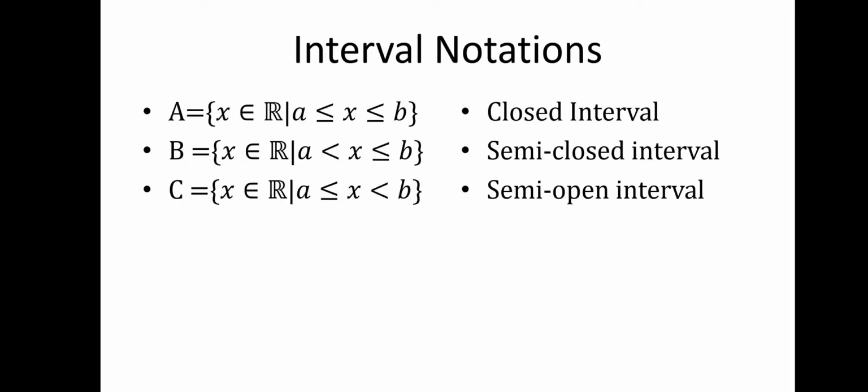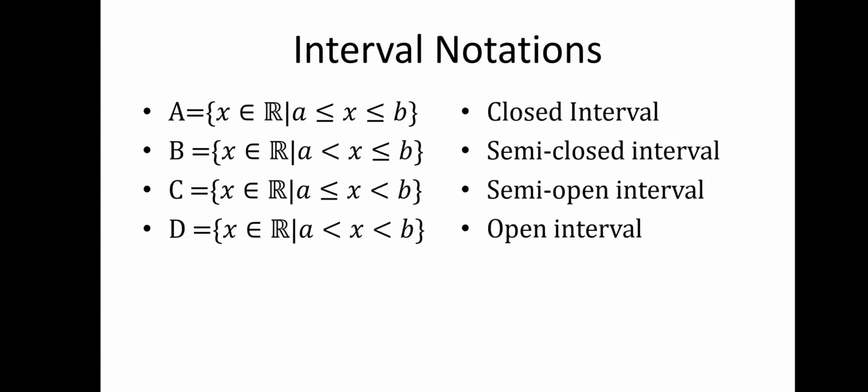Now these two can be interchanged. I can consider anyone as semi-open, anyone as semi-closed, so no problem with that. And the last one, when I am not considering both the endpoints, I call it an open interval. Fine. Now they have a notation. Notation means they are written in a compact form.